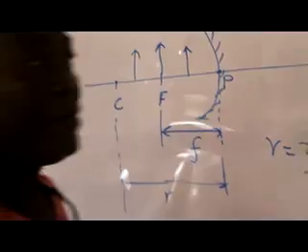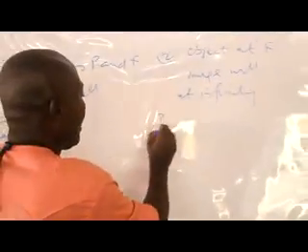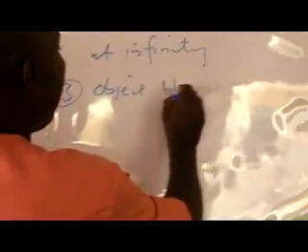Then I move behind. Number 3, object between C and F. I know what C is.